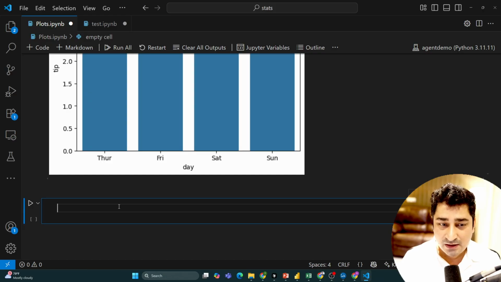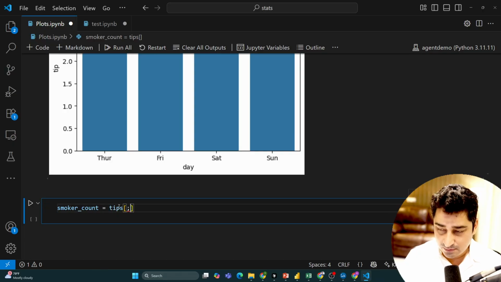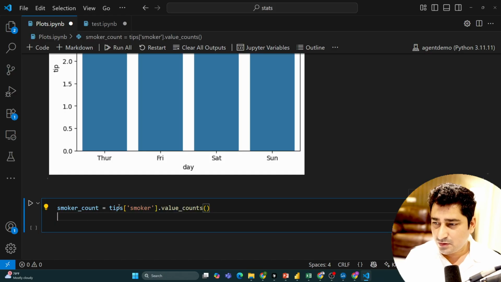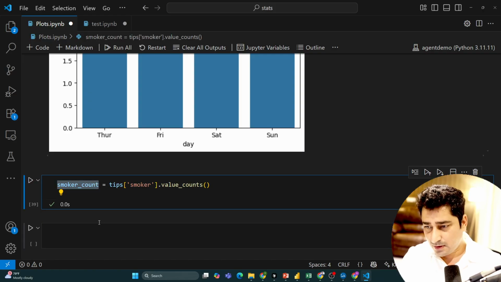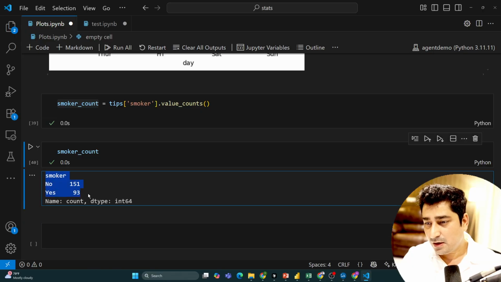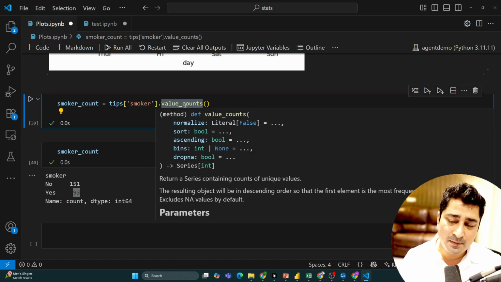Here what I will do is create something called smoker underscore count, and smoker underscore count is coming from this smoker dot value counts, meaning the total number of values, basically the total number of rows. So the count for smoker no is 151 and yes is 93, right? So 151 people are non-smokers and 93 people are smokers.